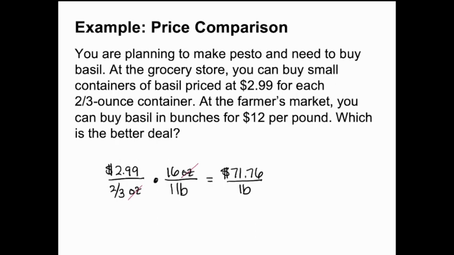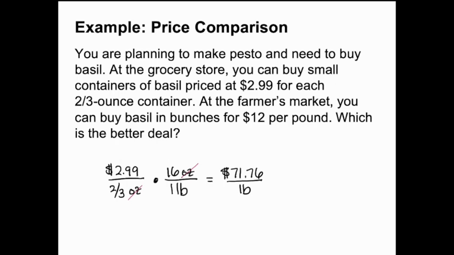It's also easier when you determine what's called the unit price. And the unit price is the cost per unit. So if something is in pounds, that means we would determine what the cost is for each pound. Or if something's in gallons, we would determine the cost for each gallon. We would break it down into one unit of whatever it is. That also makes it easier to compare.